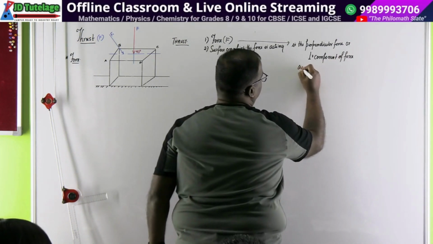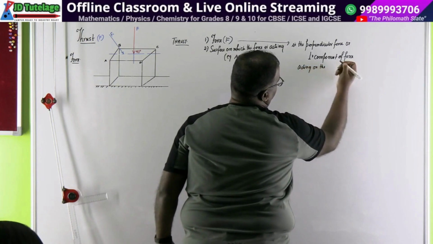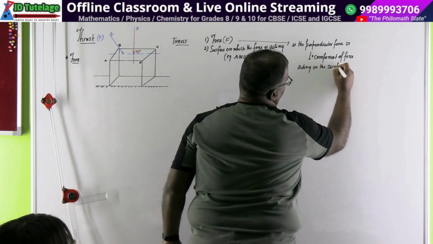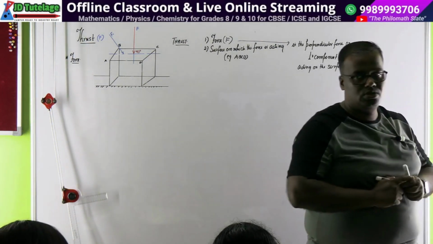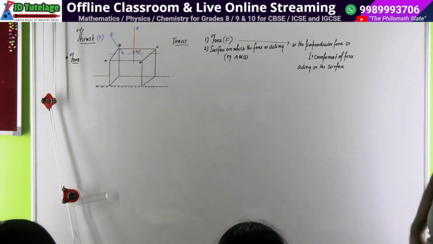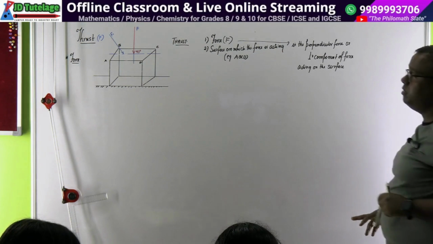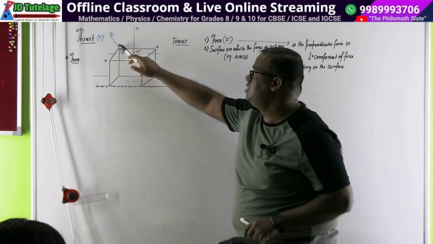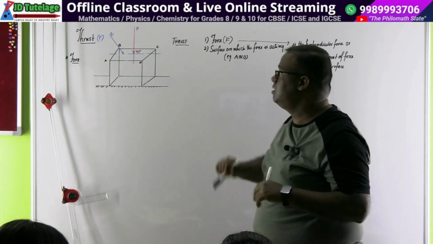Acting on the surface. So if you say, what do you understand by thrust on a surface? A thrust on a surface is the perpendicular component of the force acting on the surface. Is this much clear? There may be 3-4 forces, like say F1 is also a force. F1 is not a thrust because F1 is not acting perpendicularly.